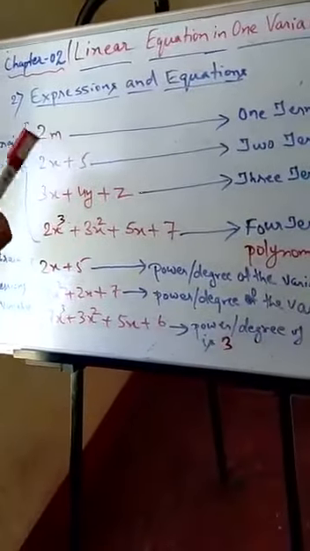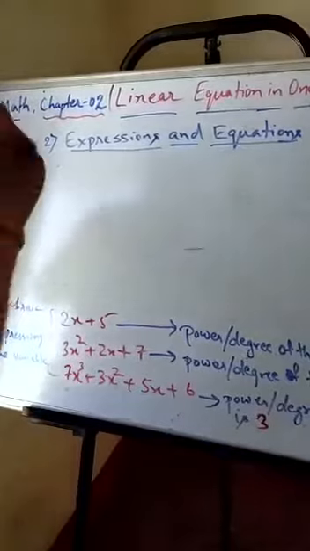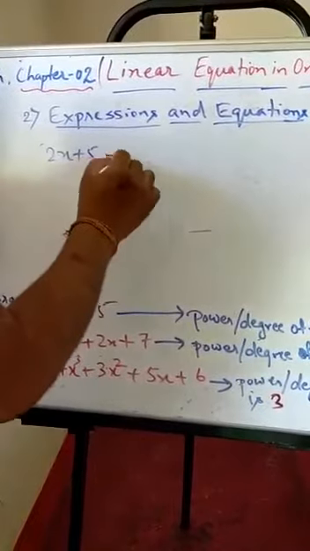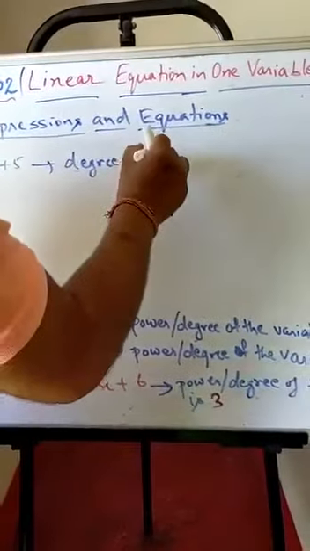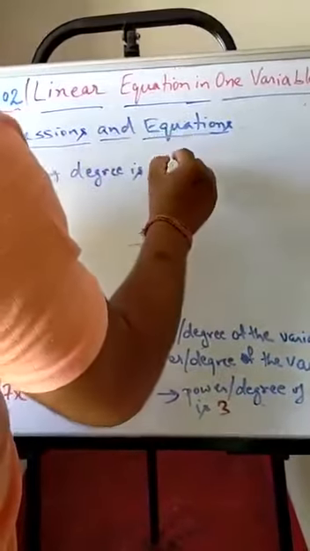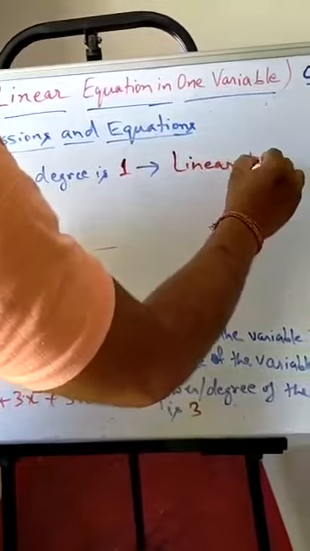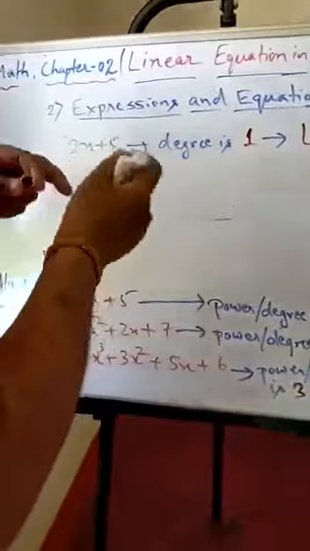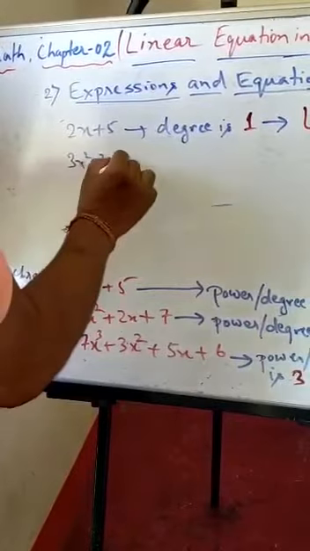Look here at the first one, 2x plus 5. Its degree is 1, so it is known as a linear expression. Next I wrote 3x square plus 2x plus 7.